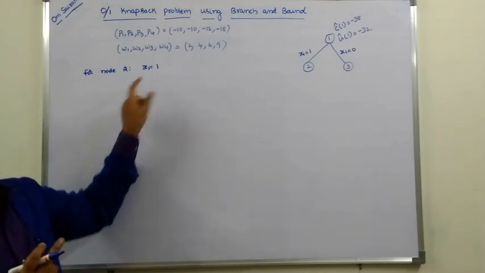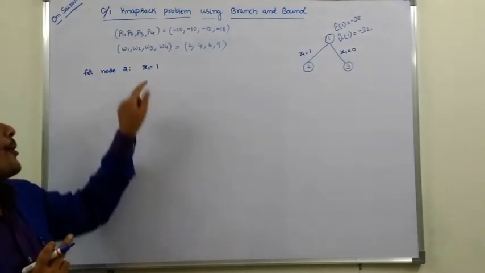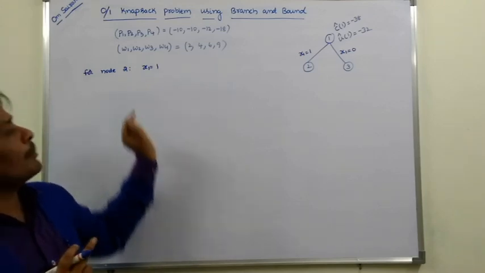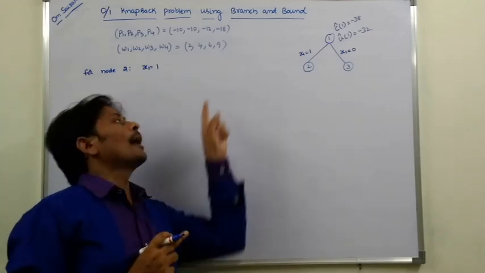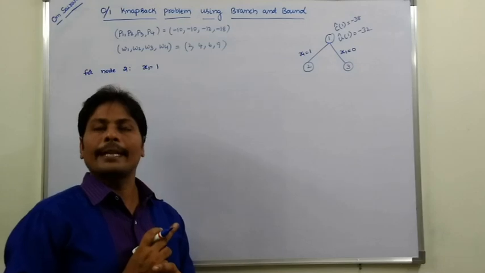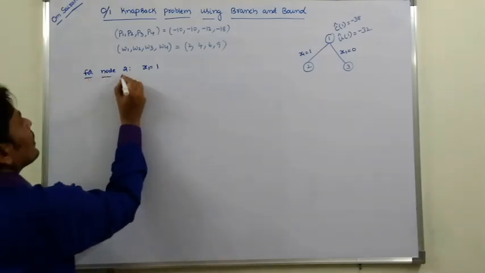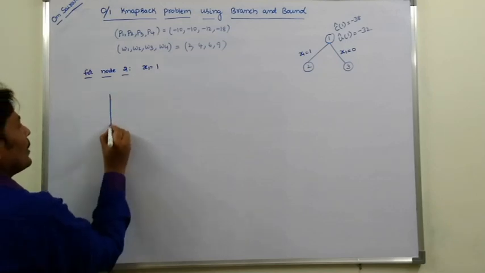So therefore X1 is equal to 1. After placing the first object into the knapsack, if any space is available, that space is used for the remaining objects. So for node 2, X1 is equal to 1.